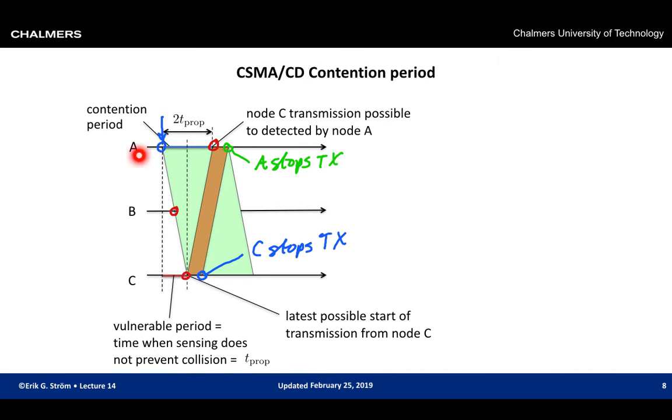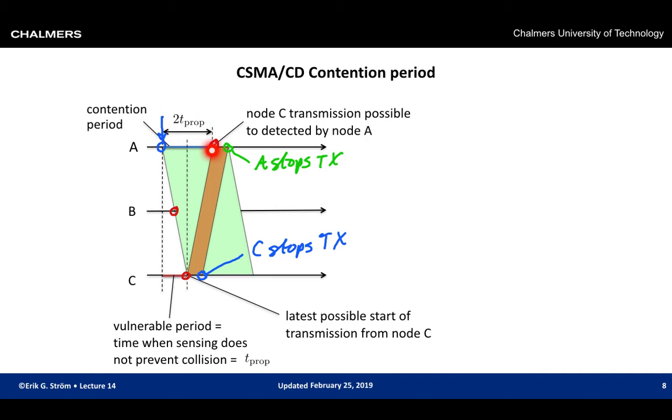What can we say about this then? From A's perspective, the longest time it will take for A to detect any other ongoing transmissions is twice the propagation time. It takes T-prop to go over to the other side, and it takes T-prop for the other frame to get back to A. So it's like the round trip time, 2 T-prop.